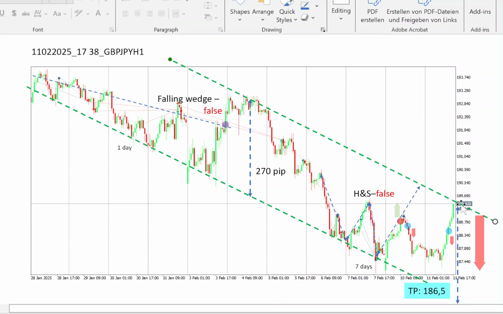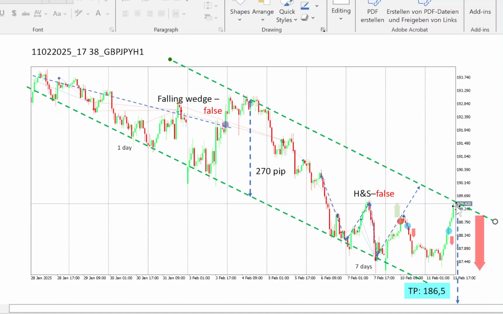Now, what can happen here is that it stays a little bit around this price. It could also be that it gets over it a little bit. Could be that it also comes to 190.5, worst case, and then it goes down again.